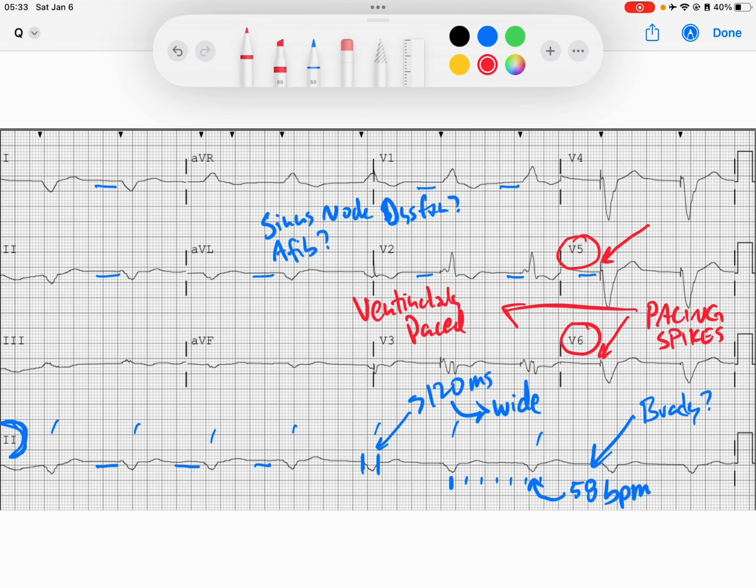And so that would make much more sense, that this individual has atrial fibrillation, and they also have a third degree or complete heart block.